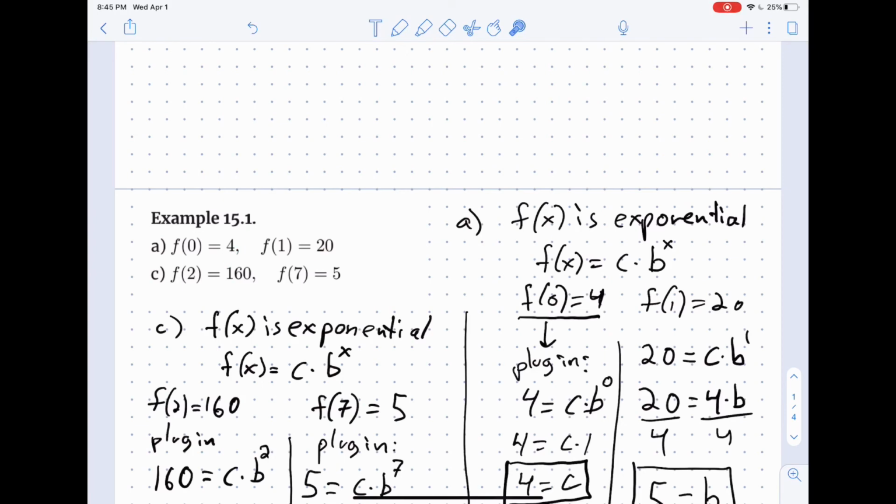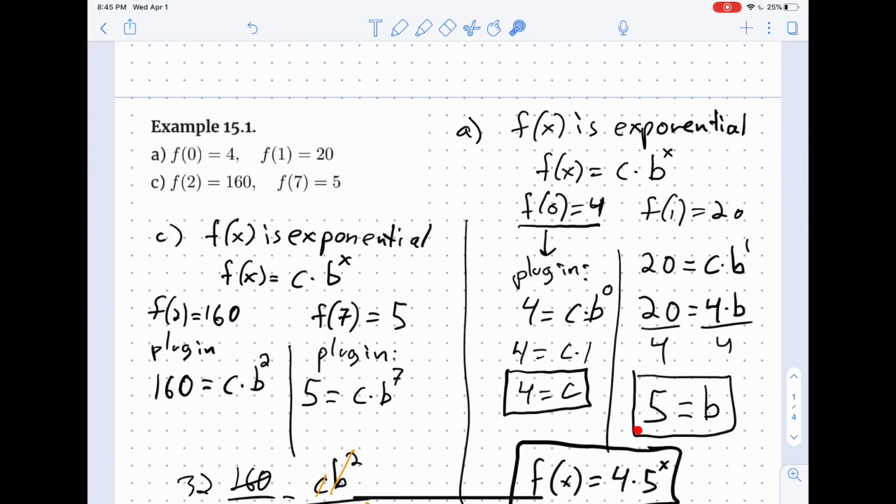If the output is increasing, then in an exponential function, that means the base must be bigger than 1, because every time you increase x, you're multiplying by another number bigger than 1, another b. It should not be a surprise then in part A that our b was equal to 5. That's a number bigger than 1.